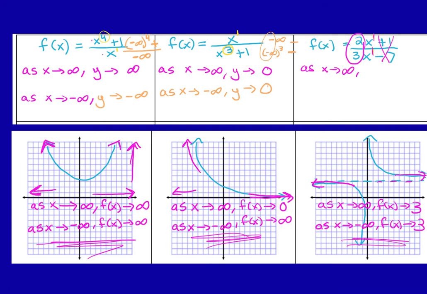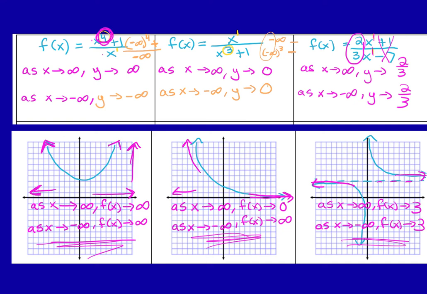So as x approaches infinity, y is going to approach that quotient 2/3. And it is the same in the other direction. So as x approaches negative infinity, y will also approach 2/3.